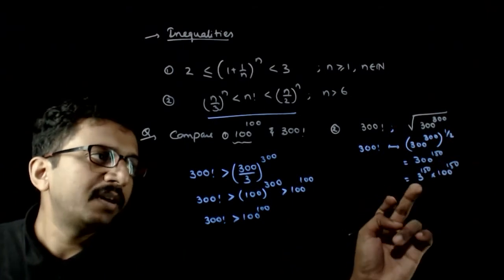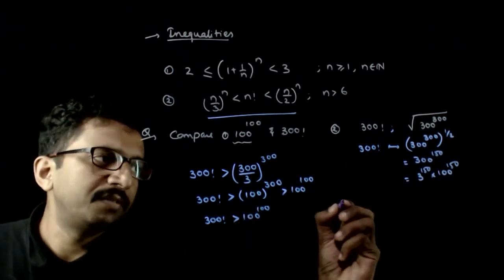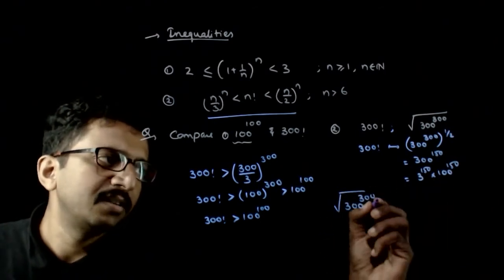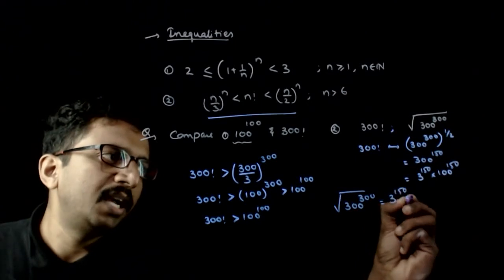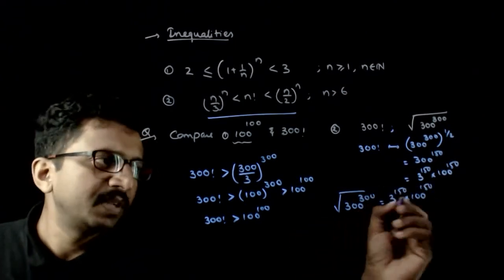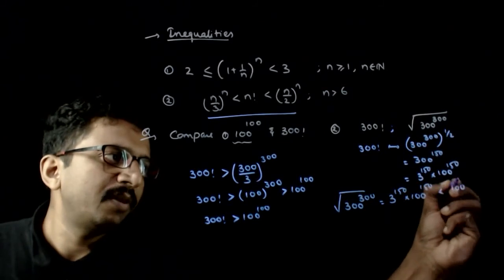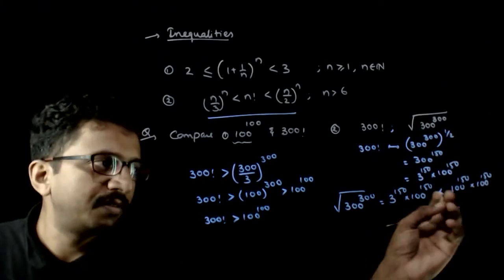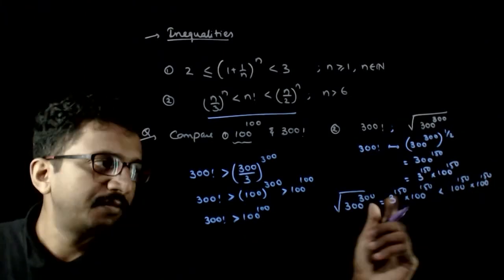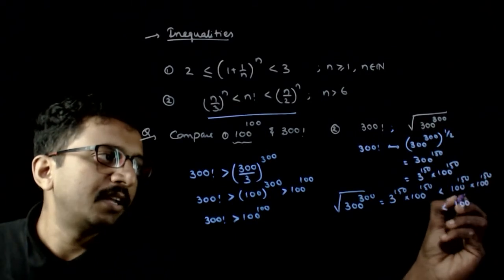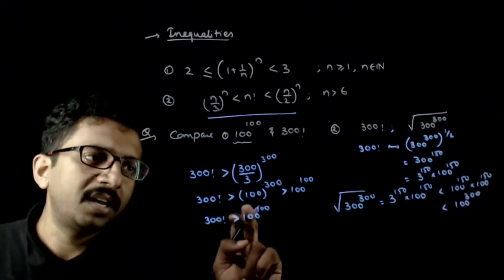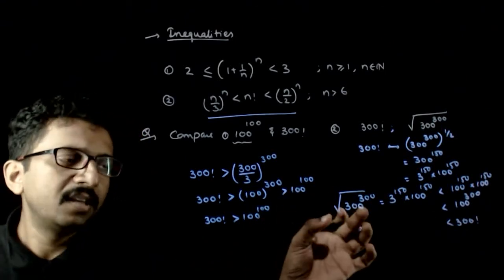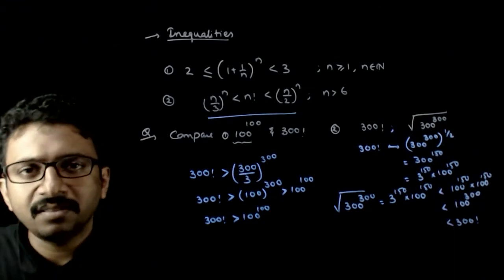So root of 300 power 300 is 3 power 150 into 100 power 150. This is less than 100 power 150 into 100 power 150. So this is less than 100 power 300, and 100 power 300 is less than 300 factorial. Hence, root of 300 power 300 is less than 300 factorial.